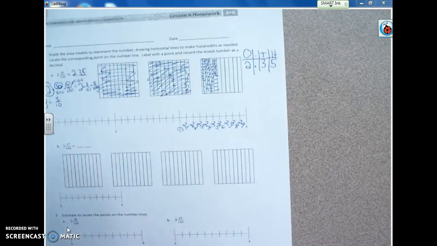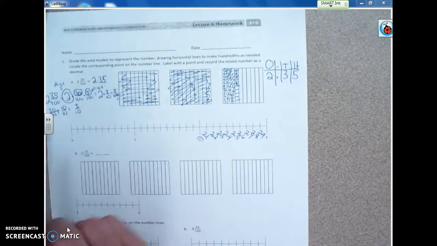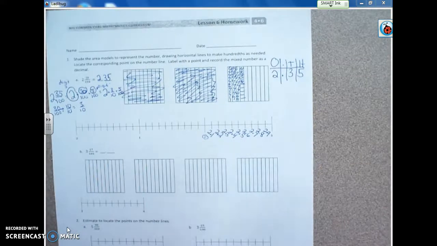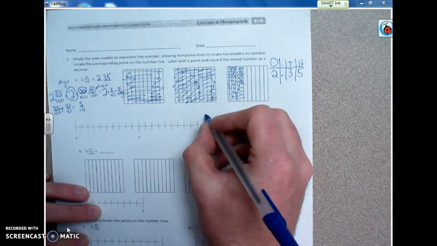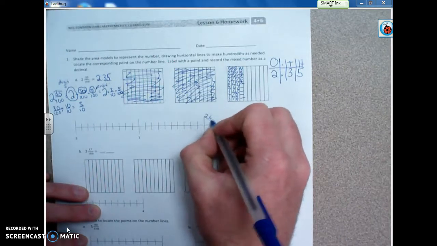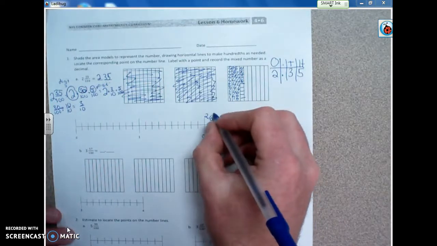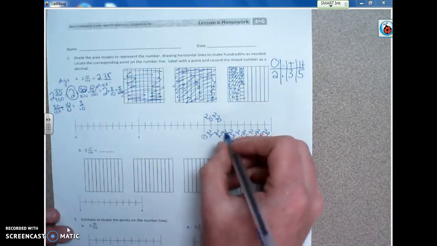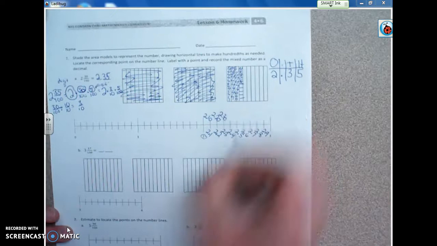All right, my number's in hundredths though, so this is where yesterday a lot of us got confused. My number's in hundredths. I have 35 hundredths, but down here I only have tenths. So I can also look at these as 2 and 1 tenth, that's the same as 2 and 10 hundredths. 2 and 2 tenths is equivalent to 2 and 20 hundredths. 2 and 3 tenths is equivalent to 2 and 30 hundredths.